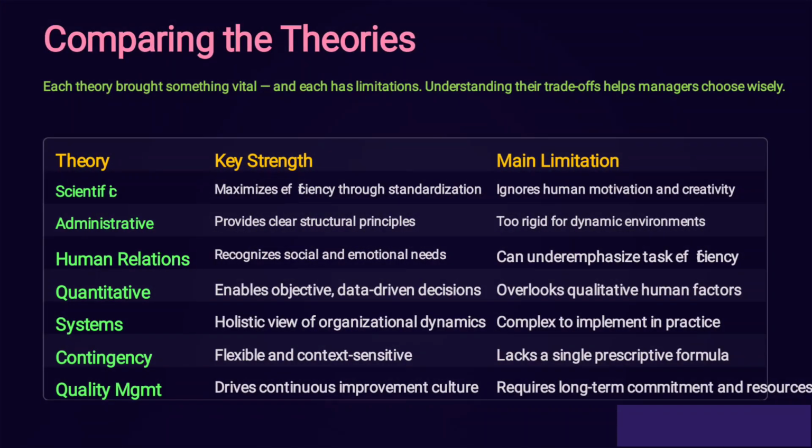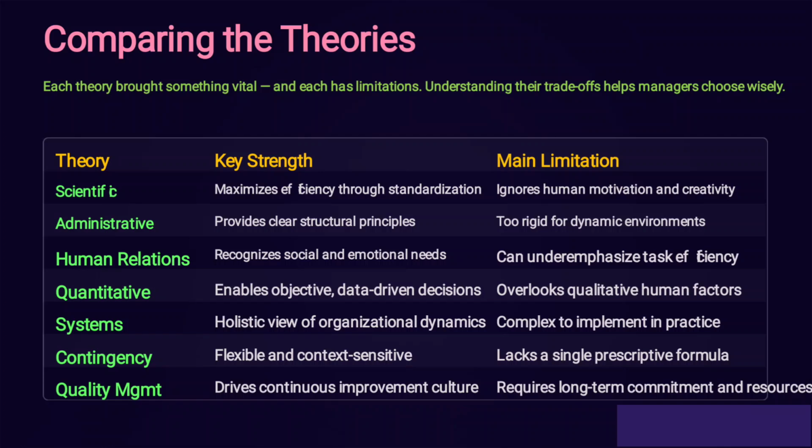So, at the end, we have tried to compare all these 7 theories. We have discussed two things: key strengths and main limitations.